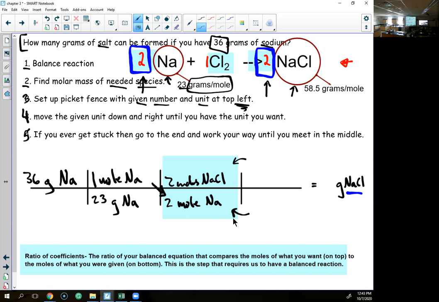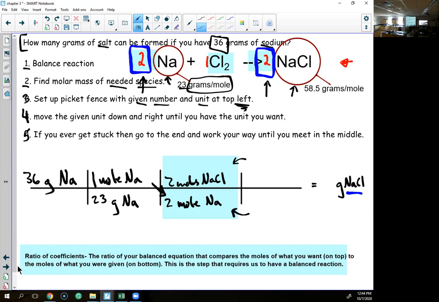This is the step that requires us to have the balanced reaction. It's called the ratio of coefficients, and it will be involved in every one of our ticket pencils. If you didn't do the ratio of coefficients, then you didn't do the problem right.